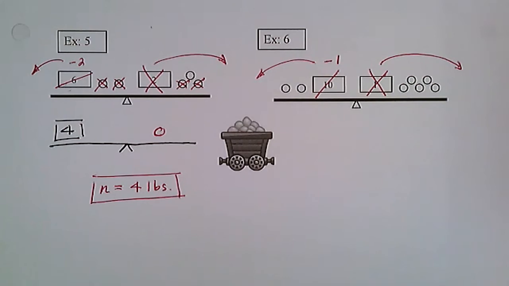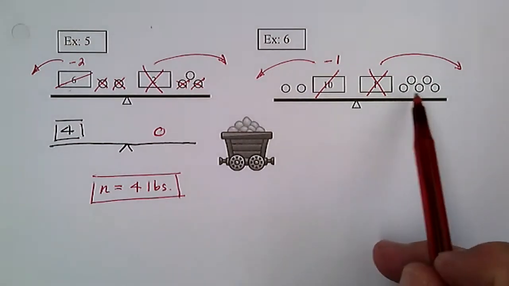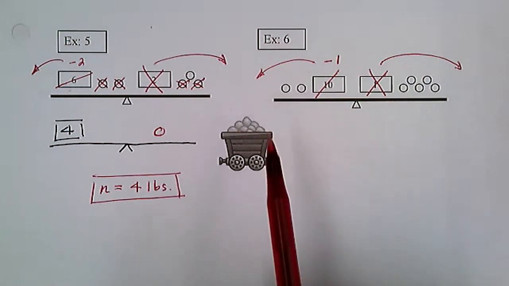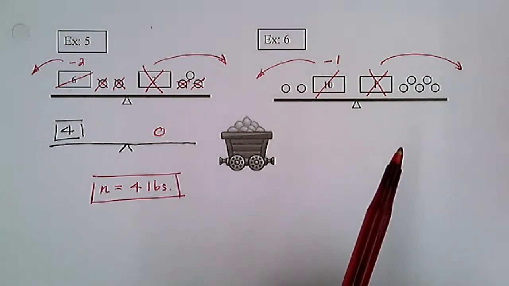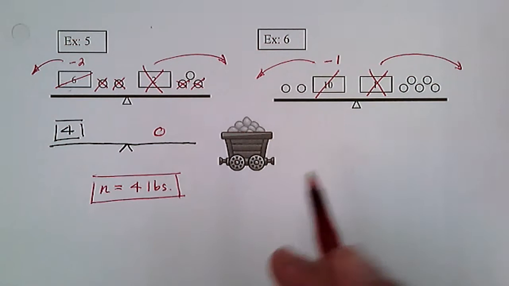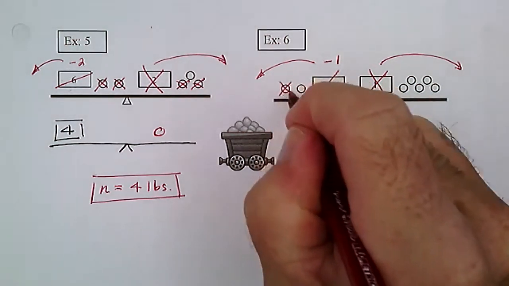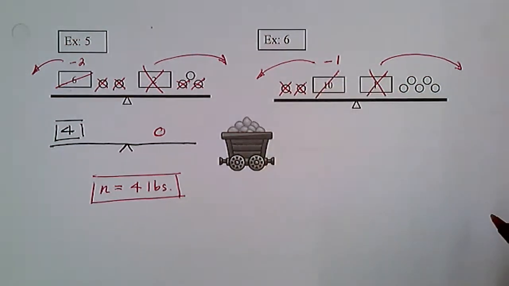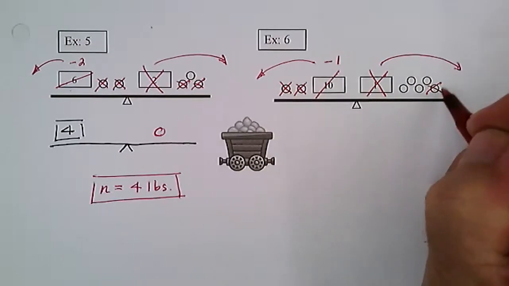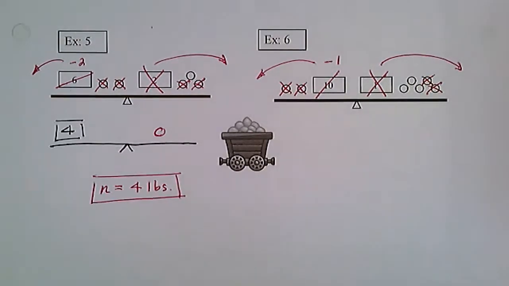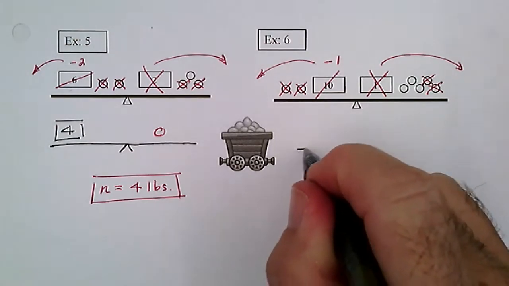And now what else can I do? I have 5 nuggets here and I have 2 nuggets here. I want nuggets only on one side. So I'm going to take off these 2 nuggets and I'm going to take off these 2 nuggets. Now I'm going to redraw this.